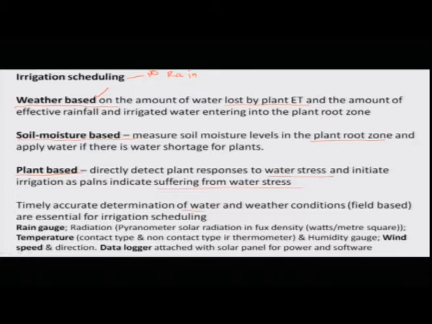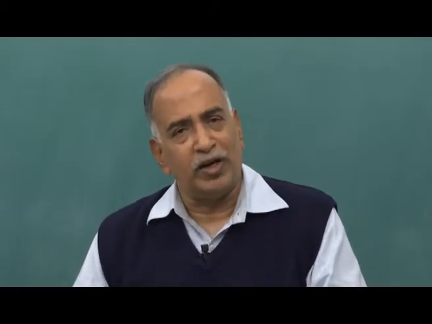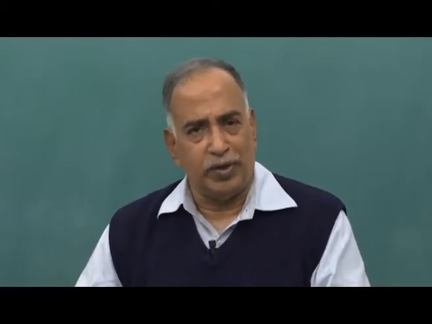The irrigation schedule is based on water and weather conditions. For that purpose, what is needed is the rain gauge, temperature sensors, and a data logger, and all those things can be kept in a particular area and monitored, and the water requirement and irrigation schedule can be arranged.